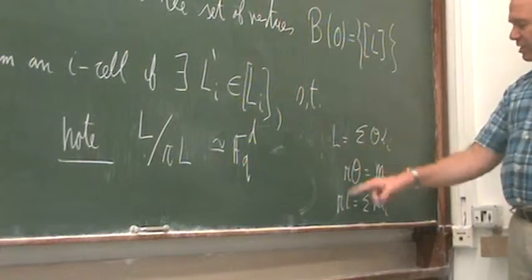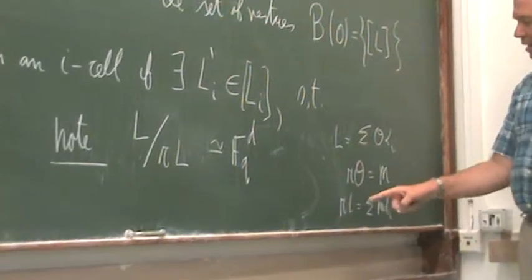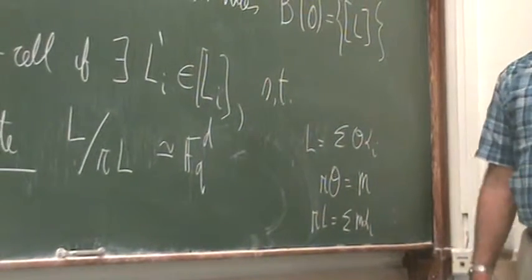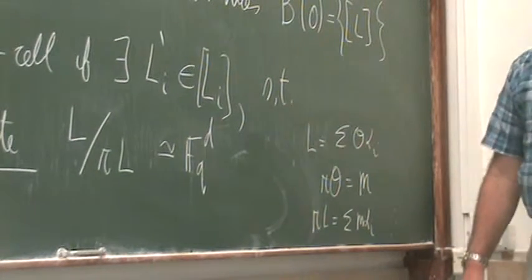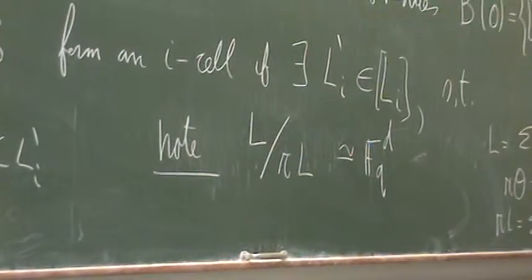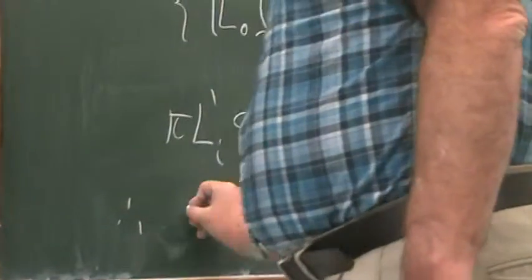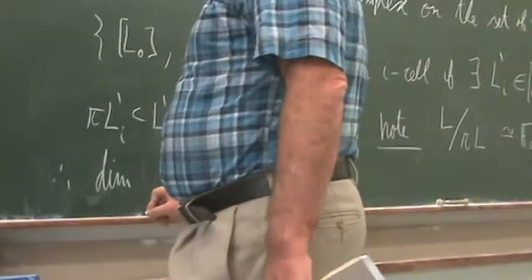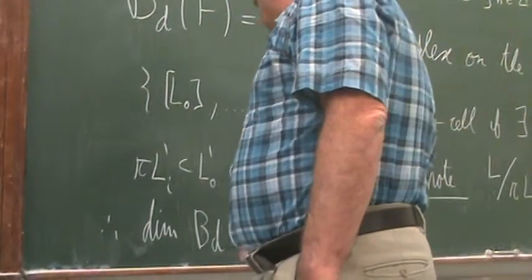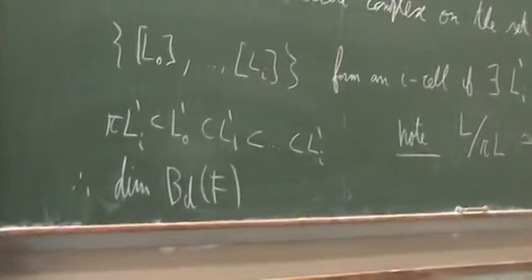So if we divide this by this, we are getting D copies of O mod M. So it is isomorphic to a vector space. So right away from here we see the dimension of it. Okay, let's now be careful. What is the dimension?